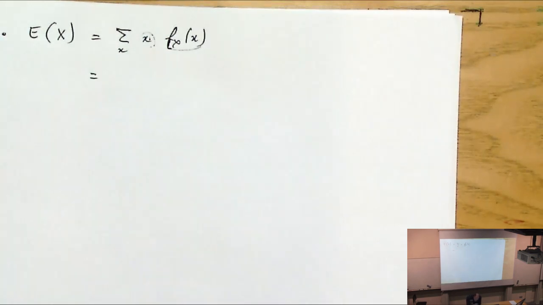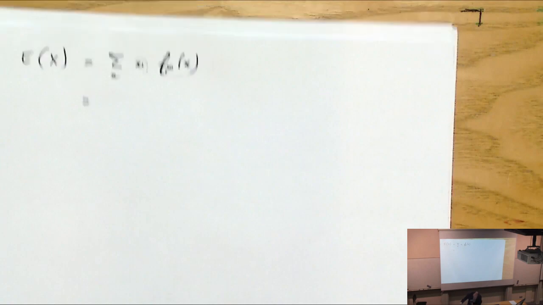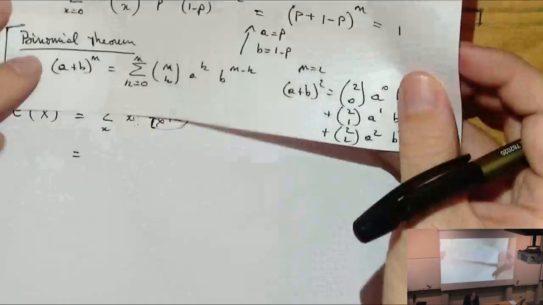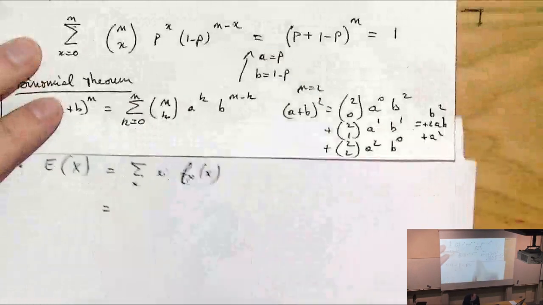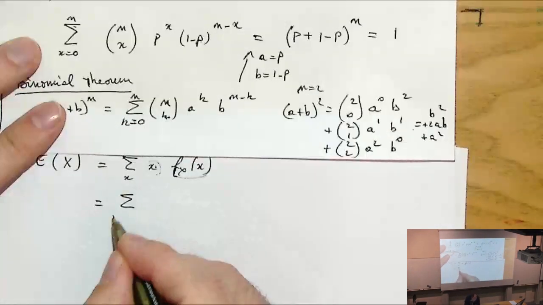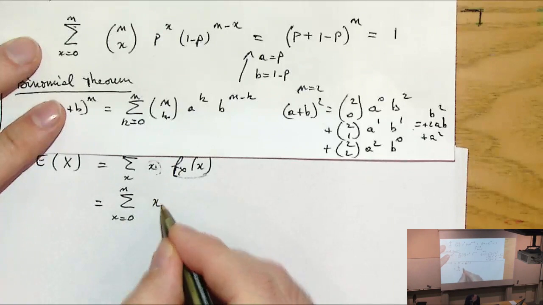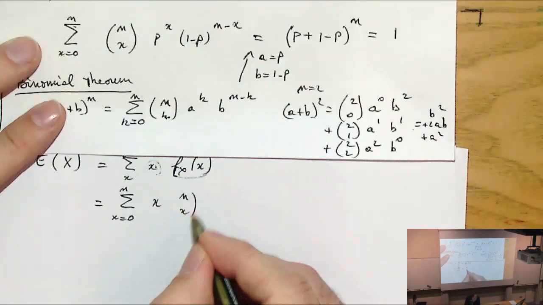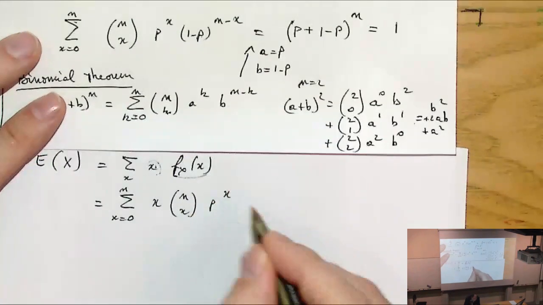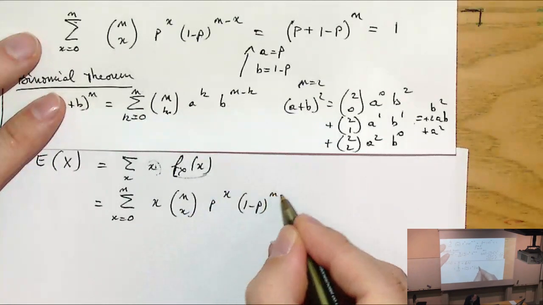Now I can write down this expression: a sum for x from 0 to n of x multiplied by n choose x, p to the x, 1 minus p to the n minus x.